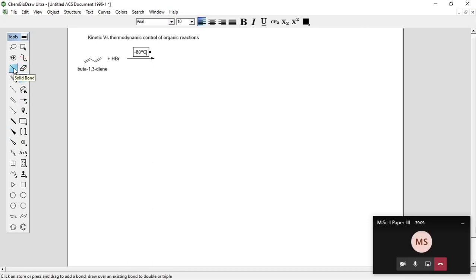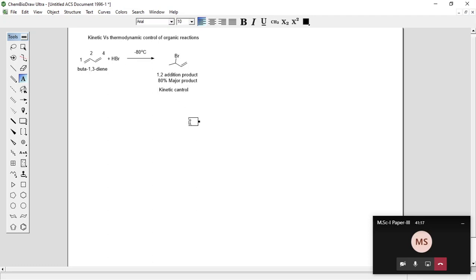So let me draw the structure of the 1,2 addition product. So this is your 80% kinetic control product.